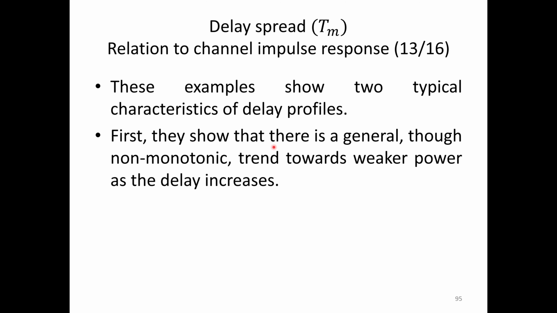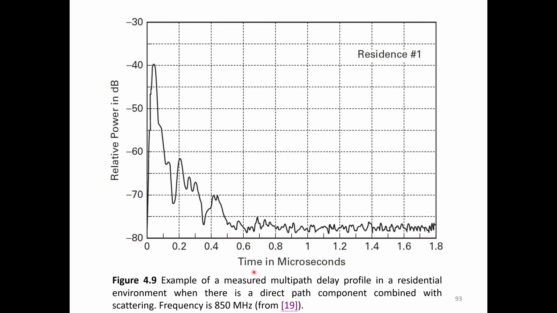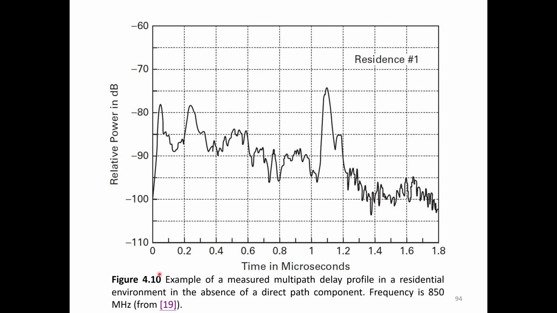First, they show that there is a general, though non-monotonic, trend towards weaker power as the delay increases. So we can see that as the delay, which is the time, increases, the relative power is weaker. In figure 4.10 we can observe the same phenomenon.